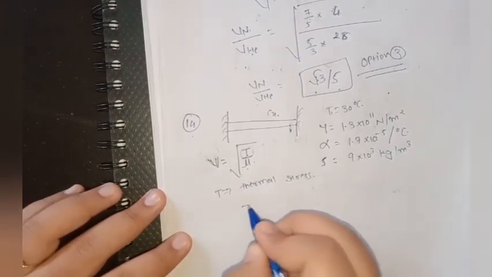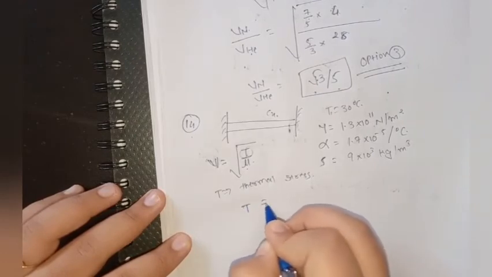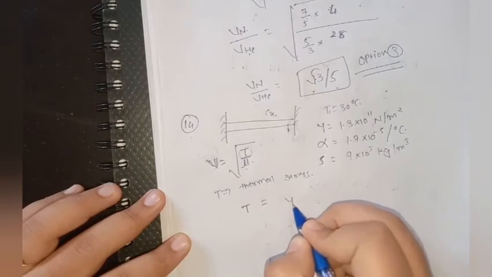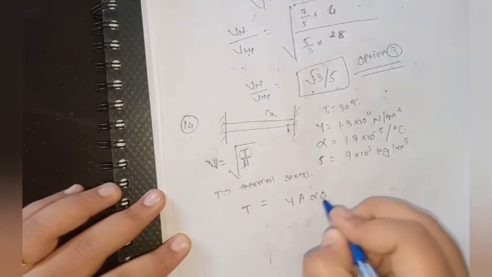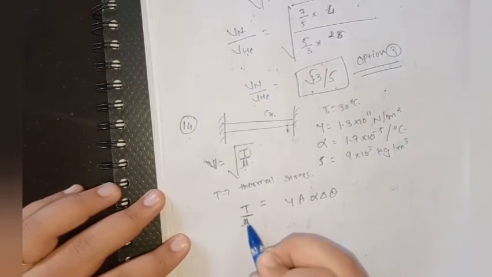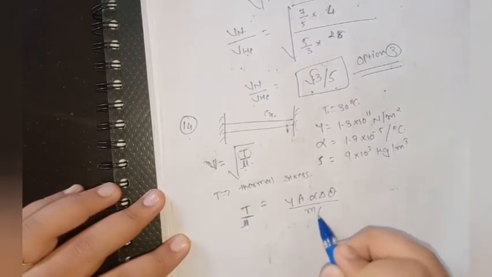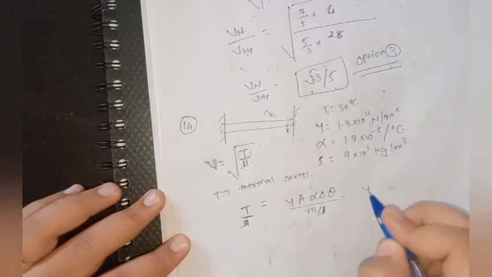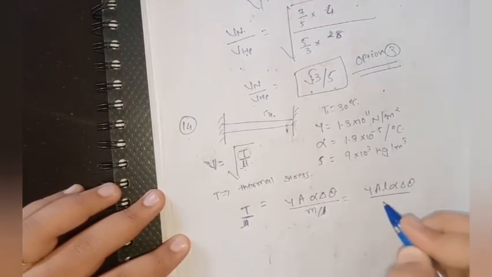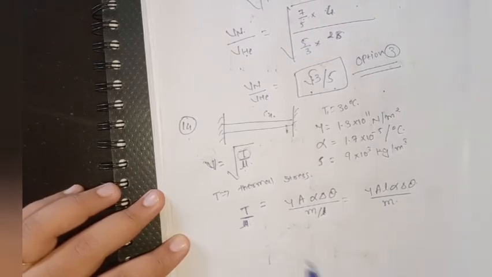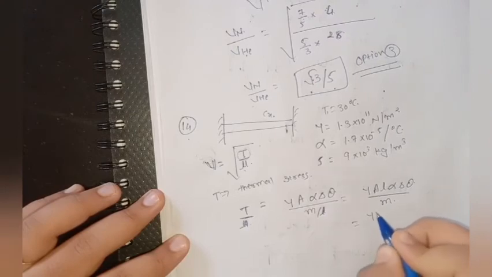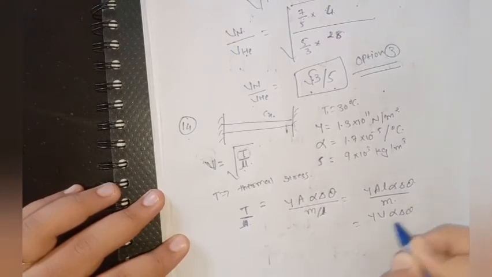So tension force due to thermal stress is equal to Y A alpha delta theta. T divided by mu, mu is mass per unit length, so we can write Y A L alpha delta theta divided by total mass M. Area into length can be written as volume, so it will be Y into volume alpha delta theta divided by M.